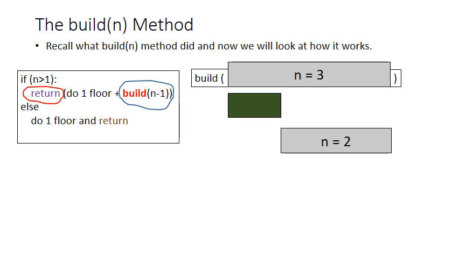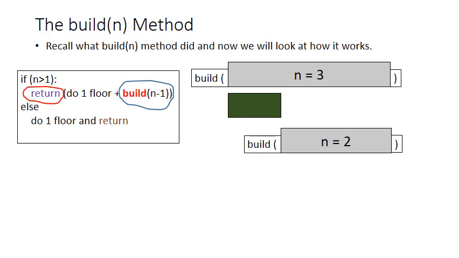This is marked gray. Therefore, I must call the same build function on the remaining problem where n is equal to 2. So this is recursion. I am calling build inside build.